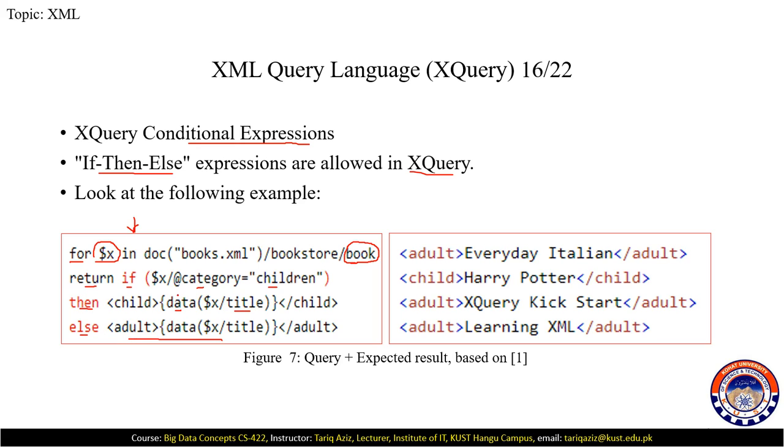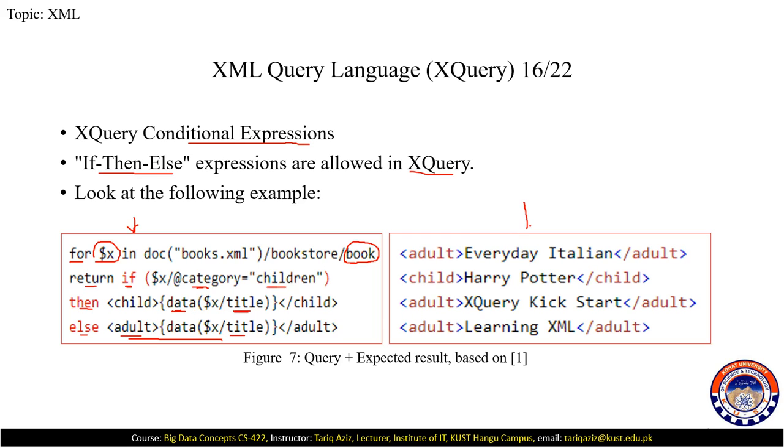Okay, let me explain this again. Here we are setting the condition. If the category is equal to children, then return the title of the book, but only the data element. Otherwise, return the title of the book which belongs to adult.